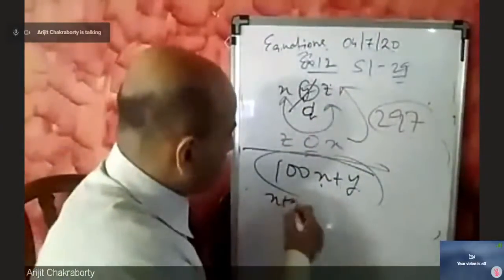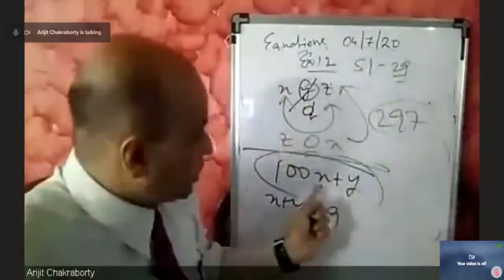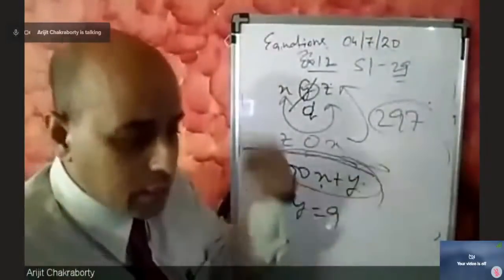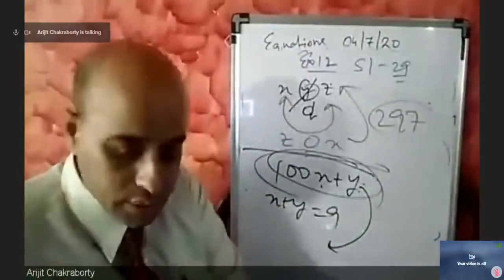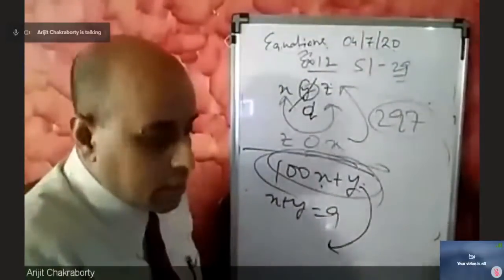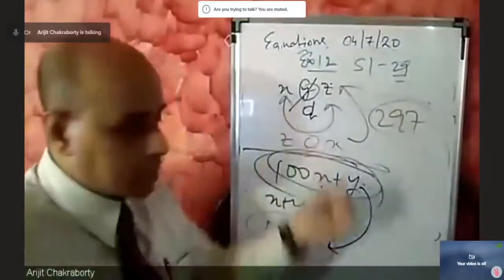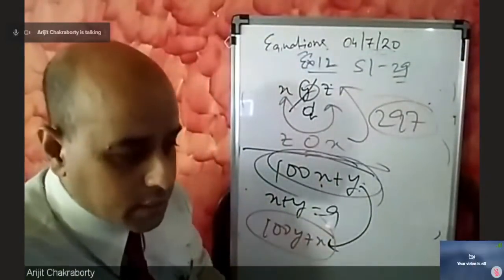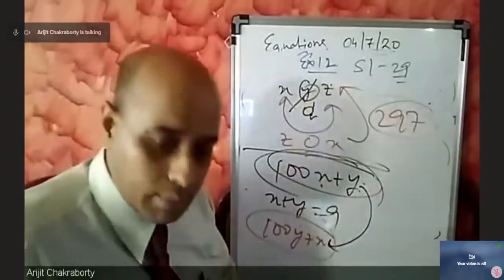So x plus y is equal to 9, and this is the natural number which we have formed. If we interchange, what will happen? It will become 100y plus x. This interchanged number, 100y plus x, will be 297 more than the original number.